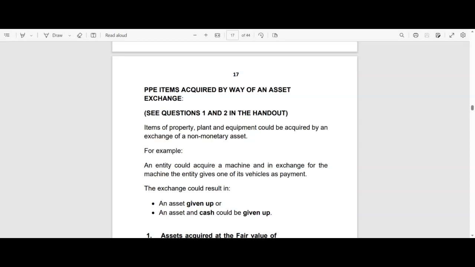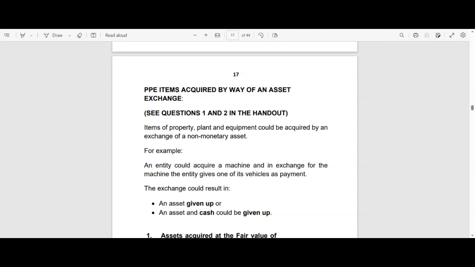If the fair value of the asset that is going to be acquired, the new asset, is more clearly evident than the fair value of the asset being given up, then you should rather use the fair value of the new asset that you are acquiring as your purchase price.